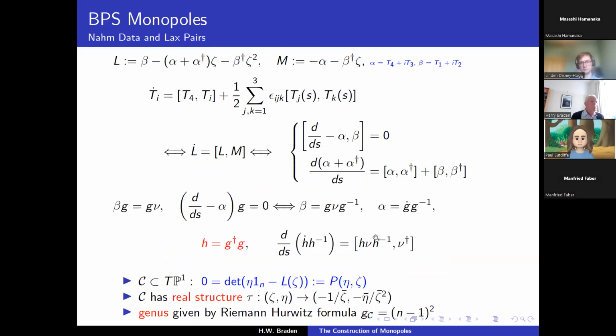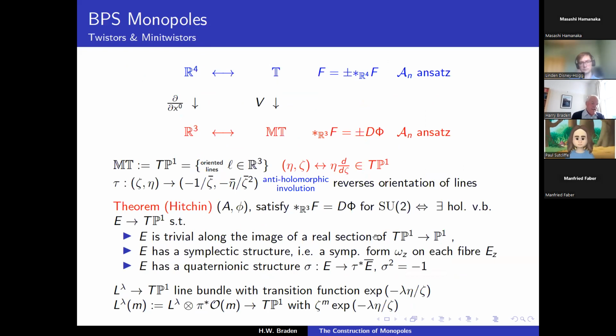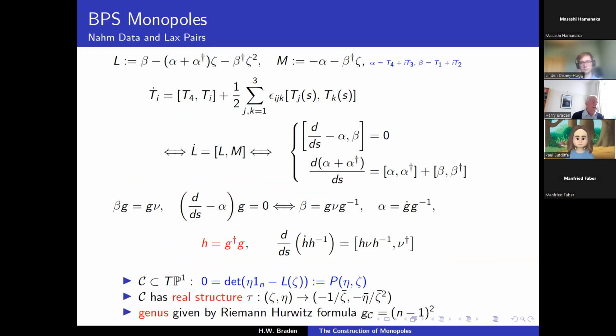So that enables us to construct the gauge and Higgs fields from solutions to this equation Δ†V.